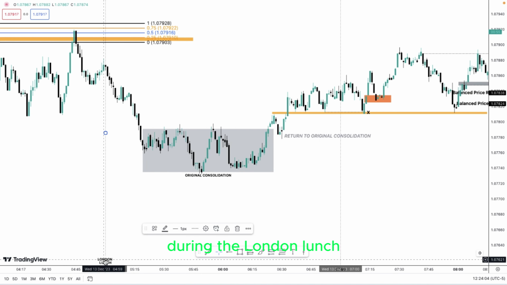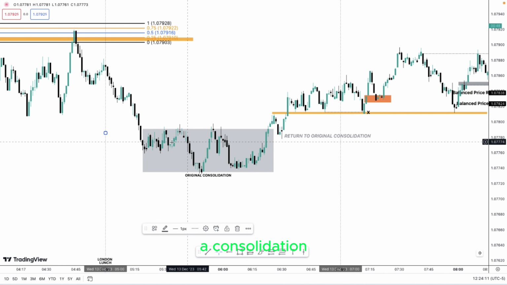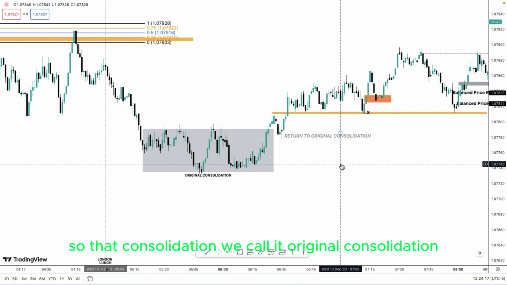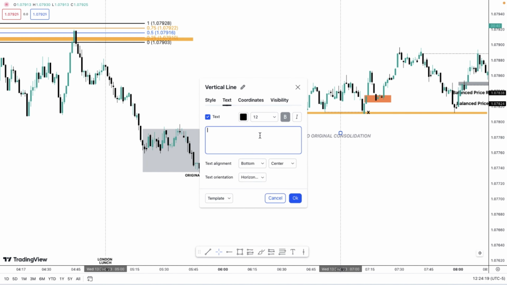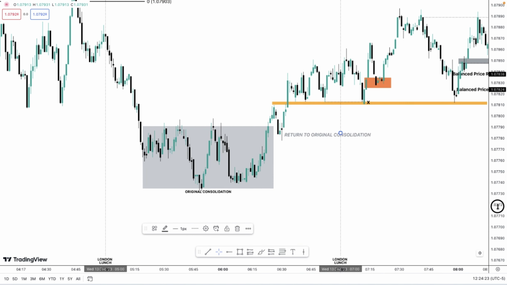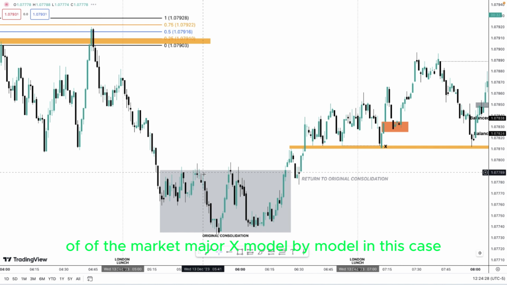During the London lunch, we see a consolidation. That consolidation, we call original consolidation. It is the starting point of the market maker X model, buy model in this case.